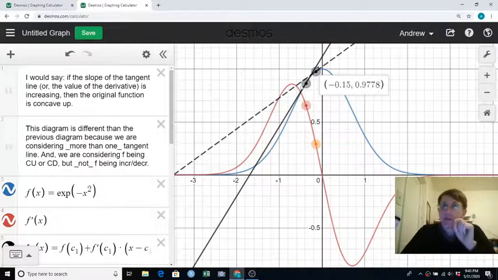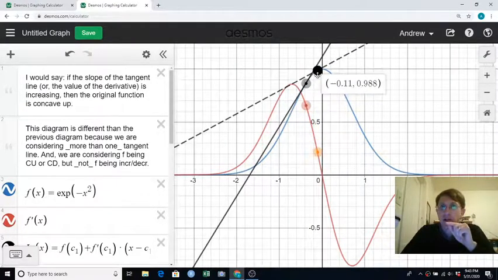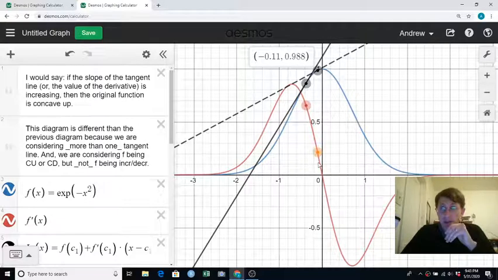Even though both tangent lines are increasing, the slope as I move from here to there is decreasing. And that's where the original function is concave down. And we can see that because the derivative in that region is decreasing. Here the derivative is decreasing and positive.